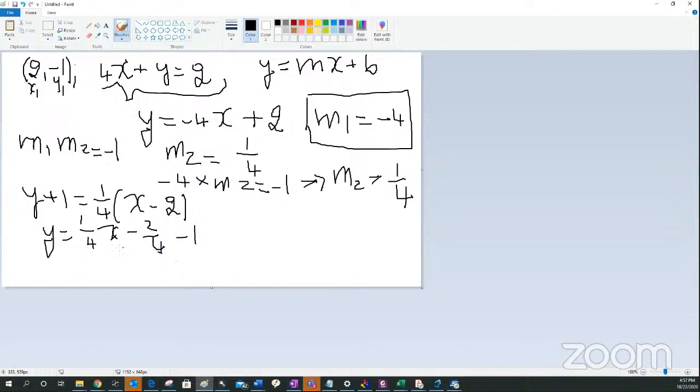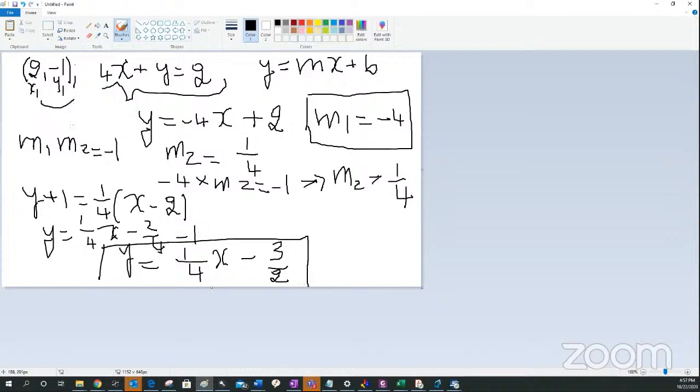So your y equals 1 over 4 x minus 3 over 2, because that gives you minus 6 over 4, which is minus 3 over 2, right? So this is our equation.